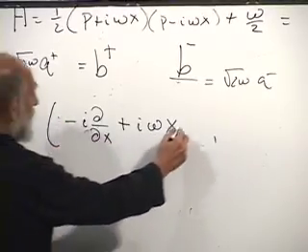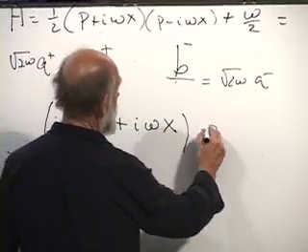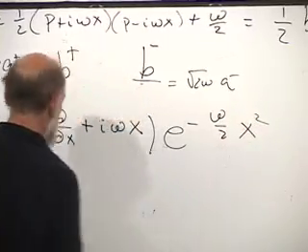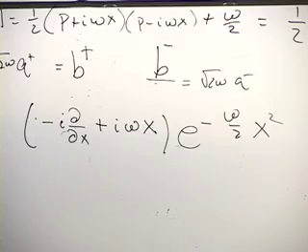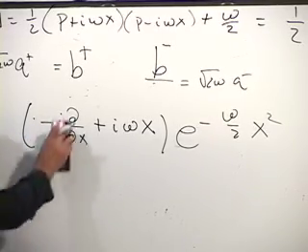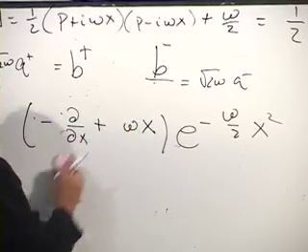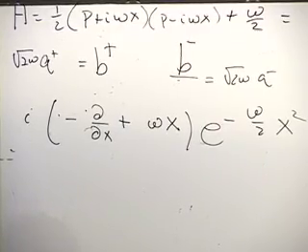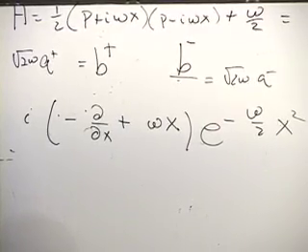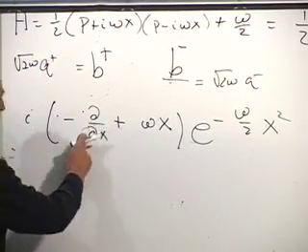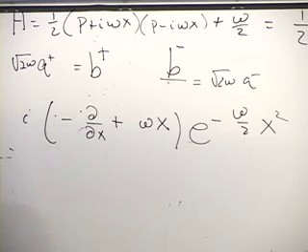Now, hit that with e to the minus omega over 2 x squared. What do we get? Let's first take out the factor of i. Minus d by dx gives us a factor of omega x, and omega gives us omega x too.